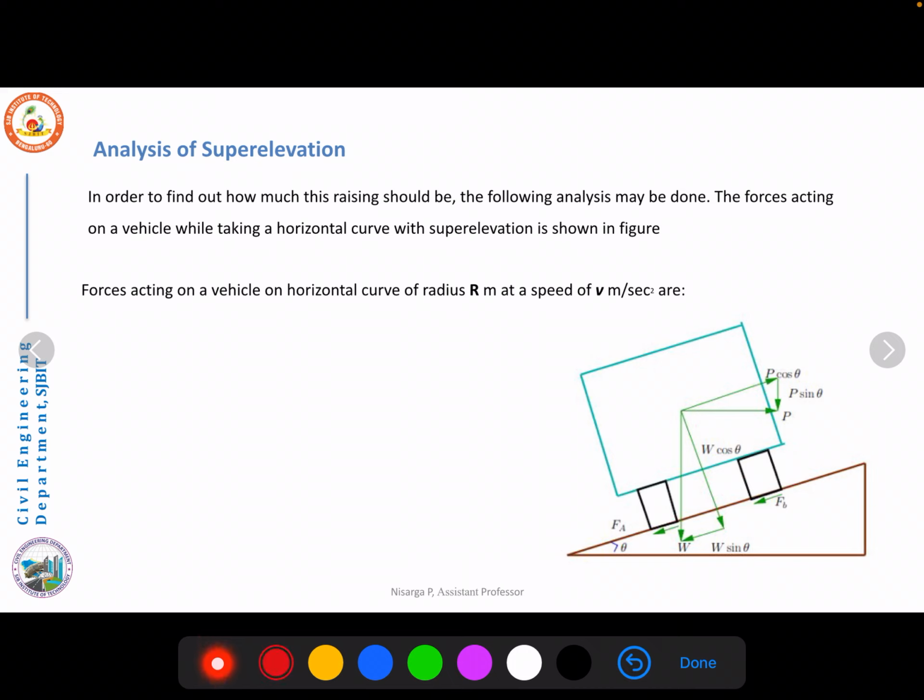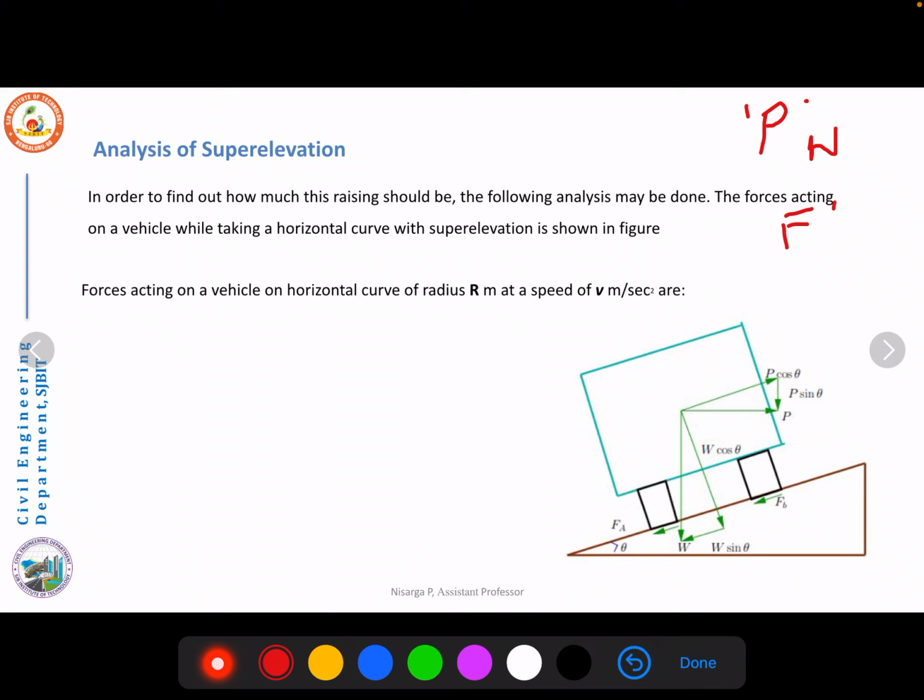The first is the centrifugal force P that is developed, which acts in the perpendicularly outward direction. Then we have the weight component W, which acts in the perpendicular downward direction. Along with that, we have the friction that is developed because of the interaction between the tire and the pavement surface.